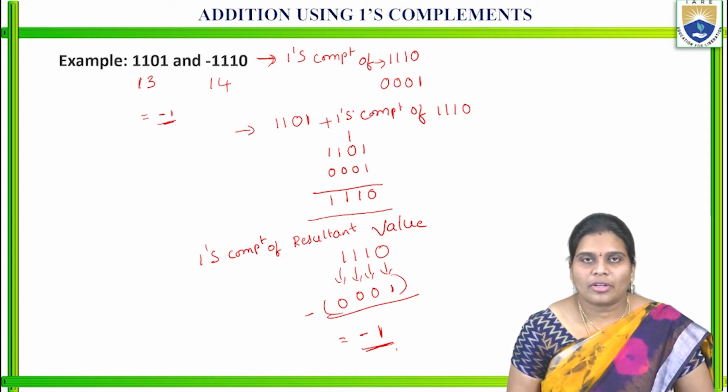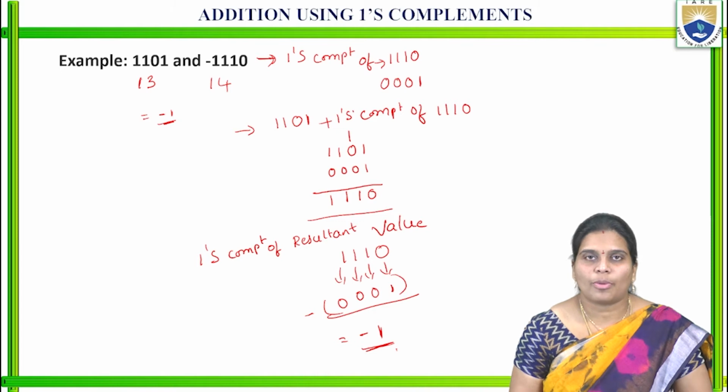After adding, if we get any carry in the resultant value, that is called the end around carry. That carry is added to the LSB bit, and again we get the resultant value. If we do not get any carry, then we apply the ones complement of that resultant value, and that is the negative of that value. So this is the addition using ones complement.